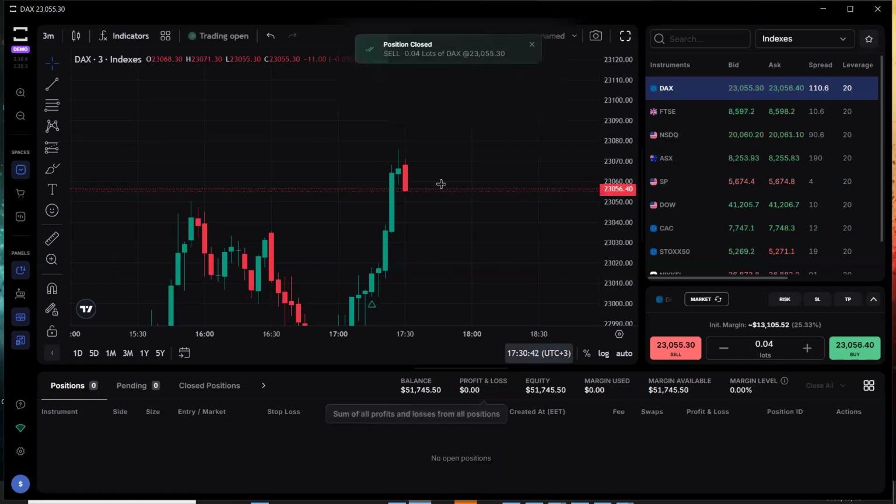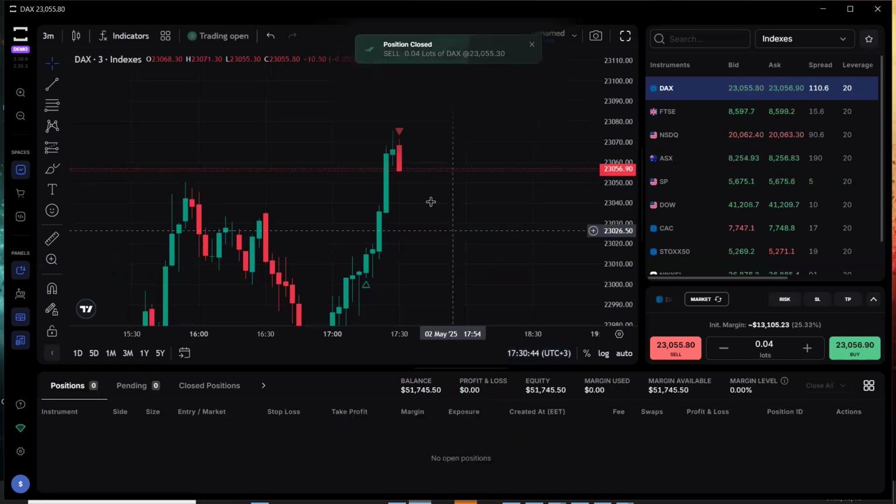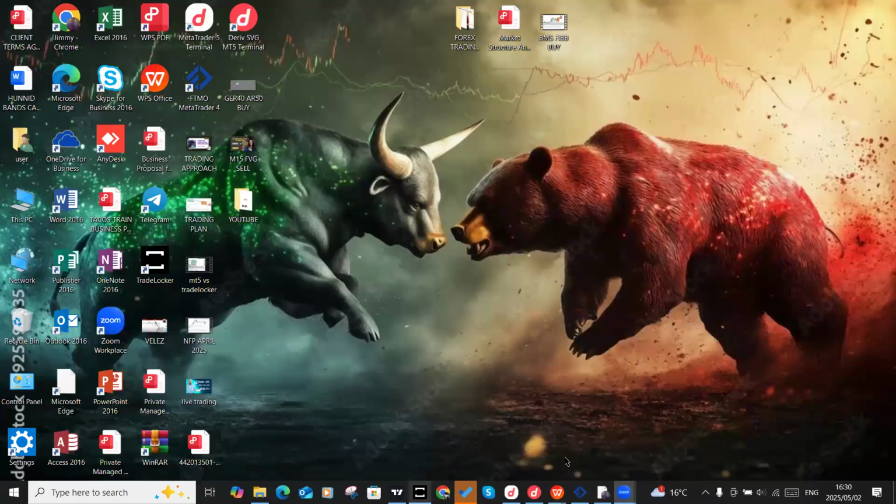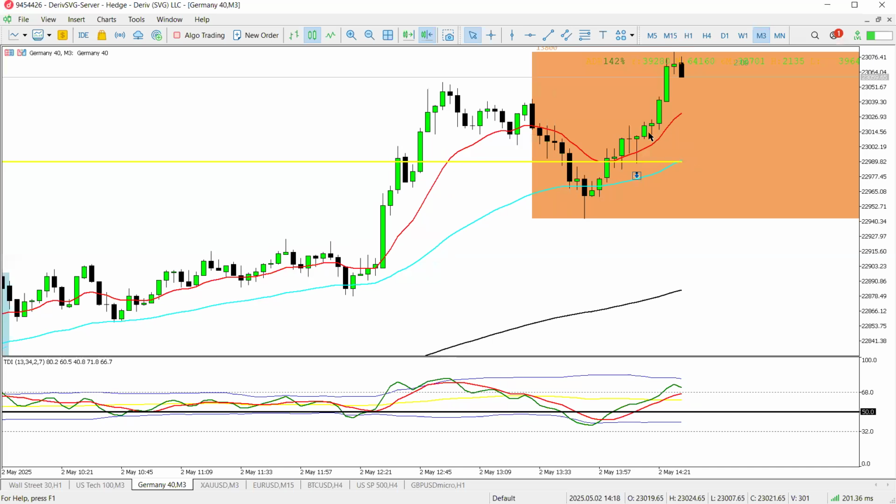Okay, there we go. So our trade is complete for the day. We took just under 1% based off the setup, which I just showed you guys. Quick scalp, really.